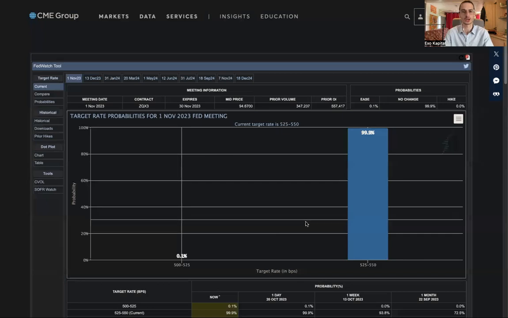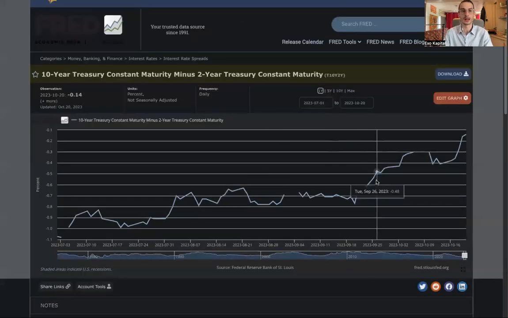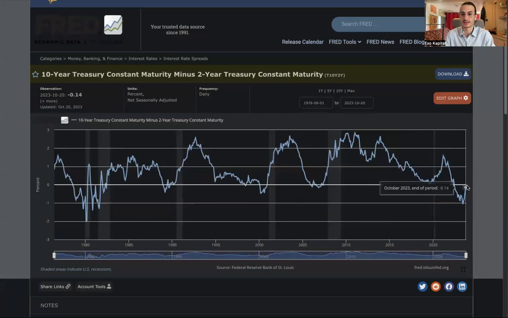I'm not going to spend too much time here because we were already on the long video, and I want to talk about the 10-year to 2-year Treasury. So we can see that we are almost back to our 0 points. So we inverted in July 2022.